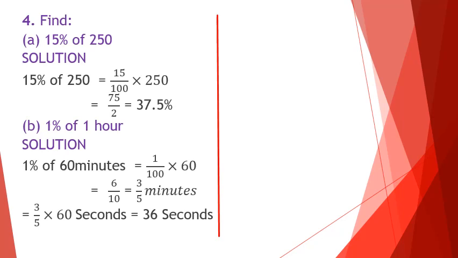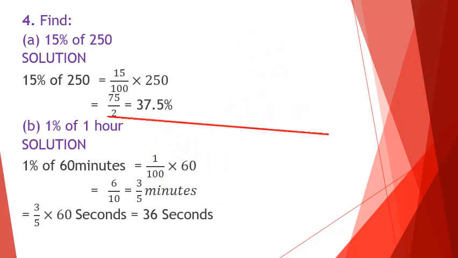Now 5 in the denominator and 60 can be cancelled. So the numerator becomes 12. So 3 into 12 whole divided by 1. So the answer is 36 seconds. Children, you should show the cancellation over here.